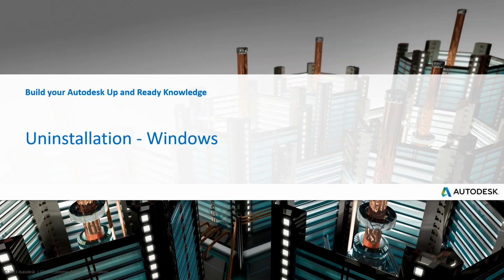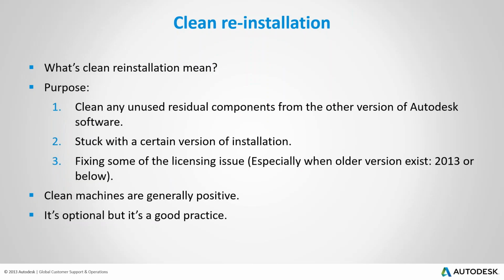All right, we'll move on to the uninstallation topic. Okay, before we move into the steps, let's understand what clean reinstallation means. Clean reinstallation means you will cleanly uninstall the entire Autodesk software and reinstall the software back onto the machine. So these clean reinstallations normally will be done for these purposes.